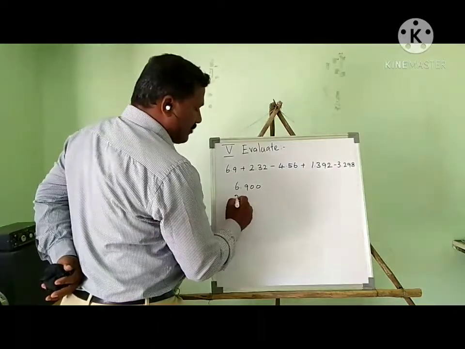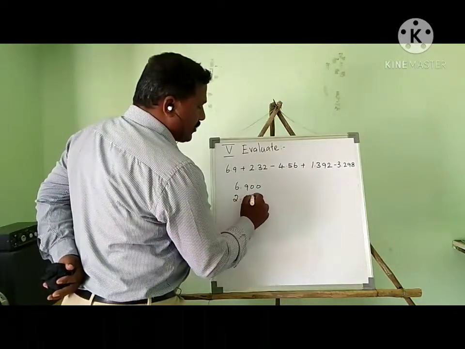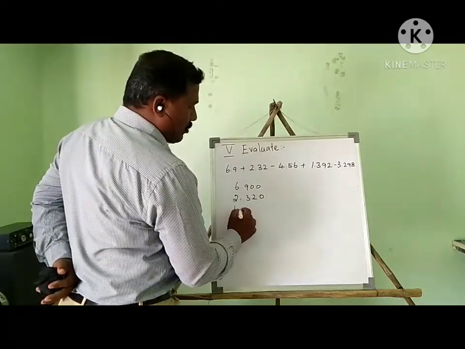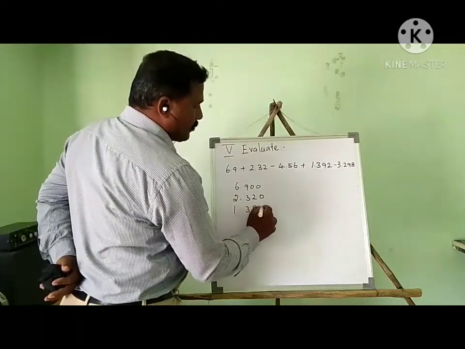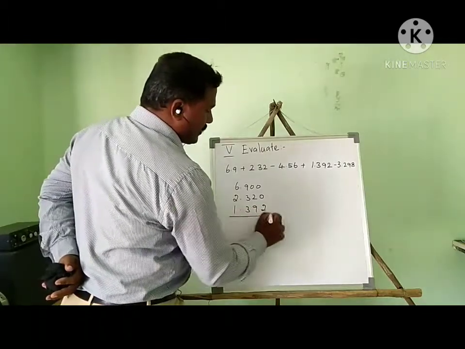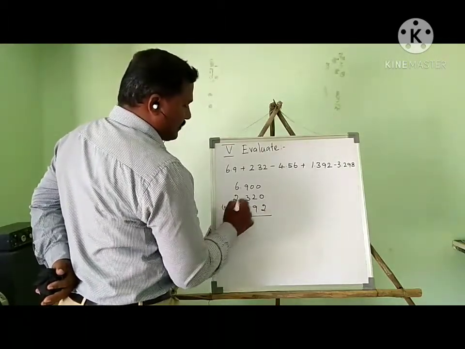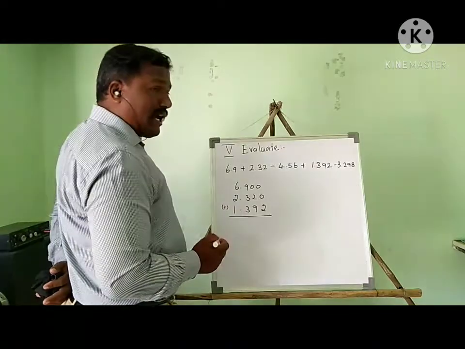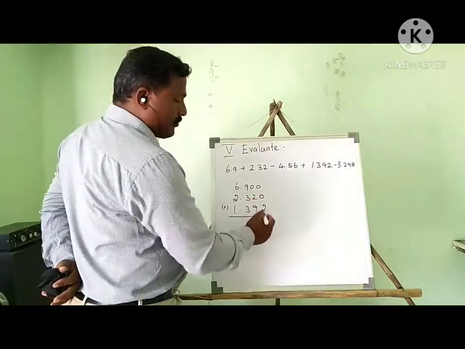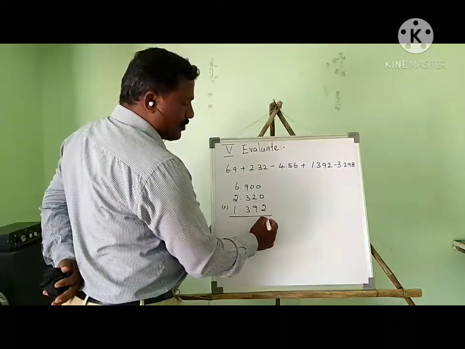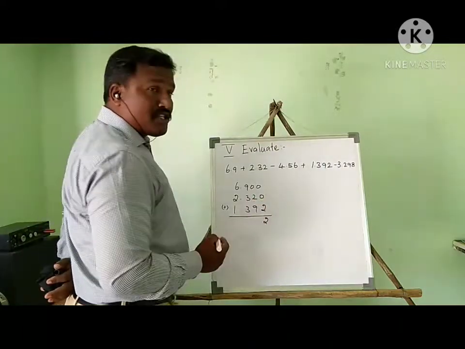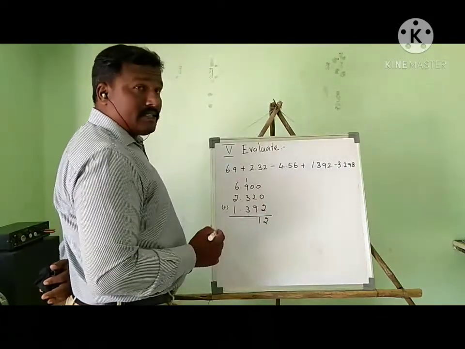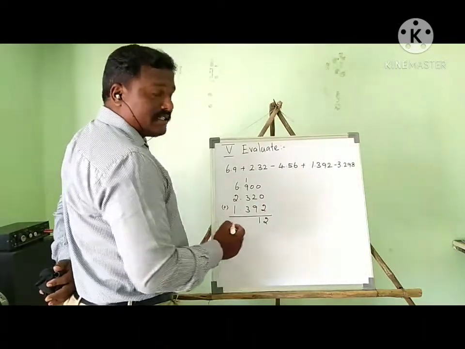Then 2.320, and after that the positive value 1.392. All of these I am going to add. So 0 plus 2, 2; 9 plus 2, 11, remainder 1; 10 plus 3, 13; 13 plus 3, 16.